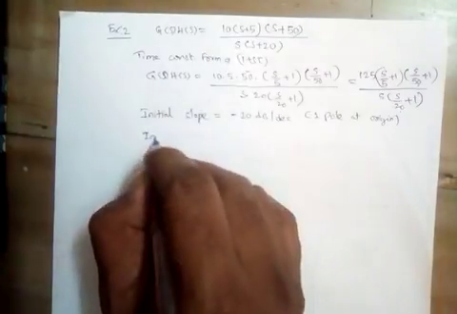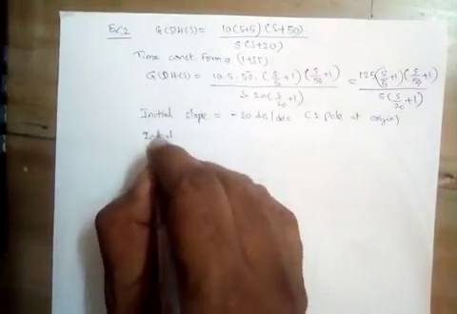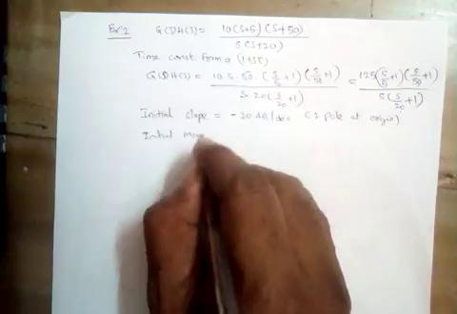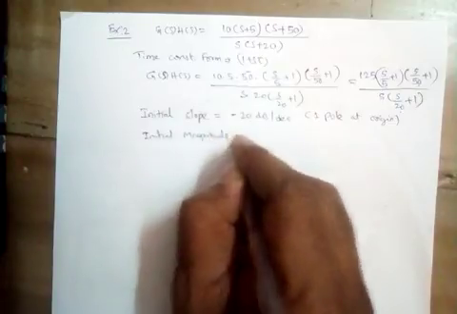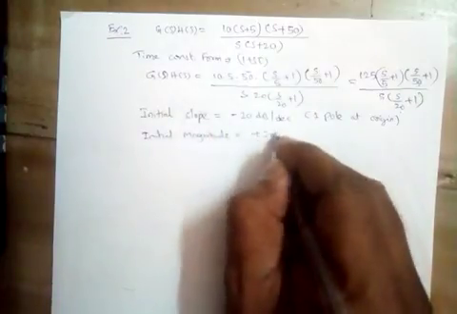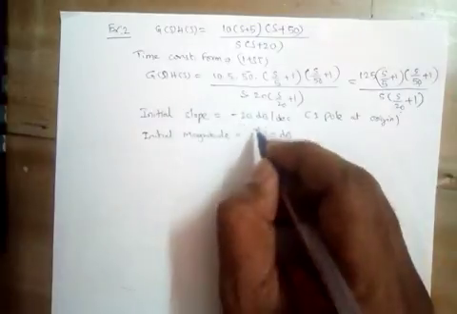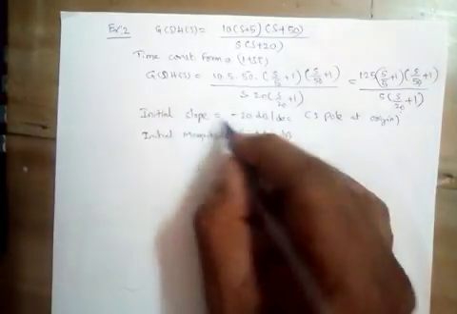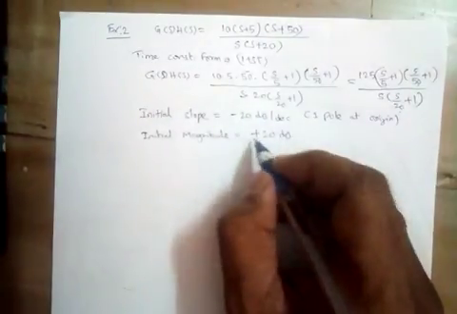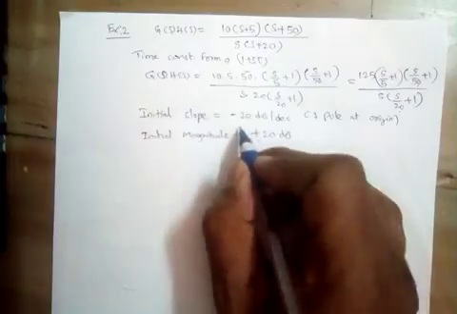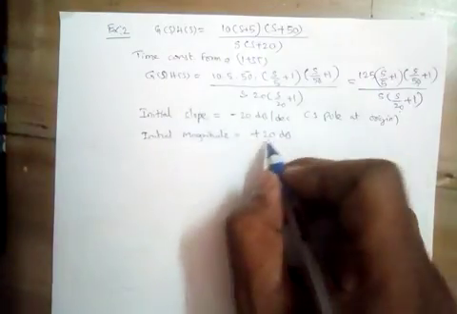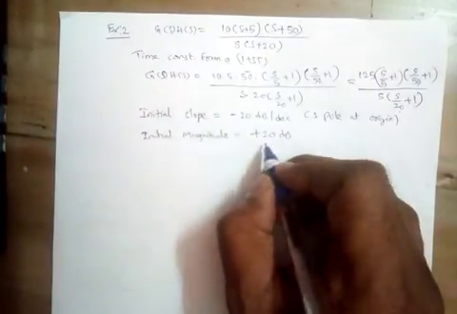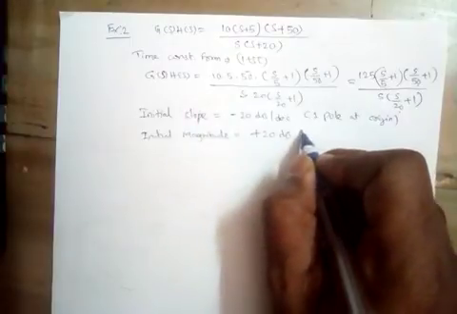And the initial magnitude will be plus 20 dB, opposite sign to the initial slope. The initial slope is minus 20 dB per decade, then the initial magnitude will be plus 20 dB.